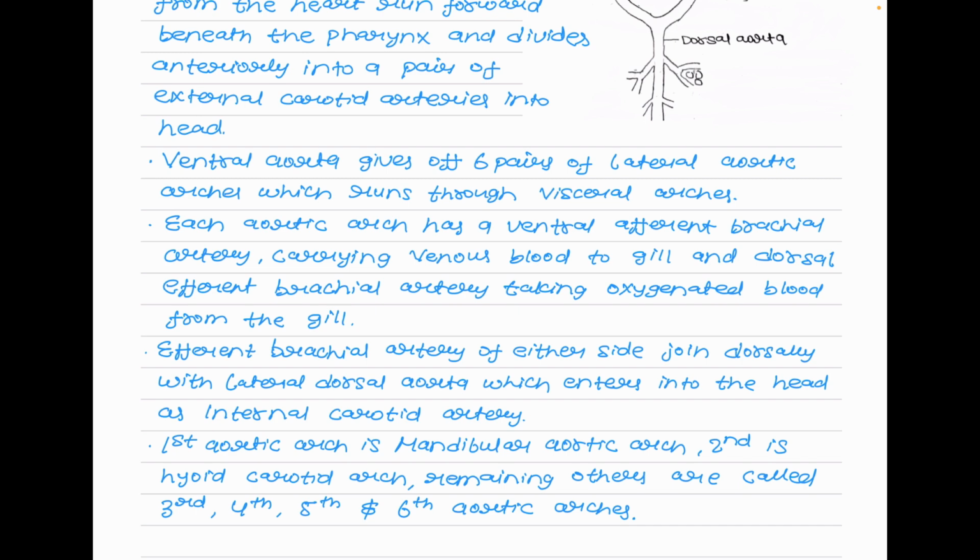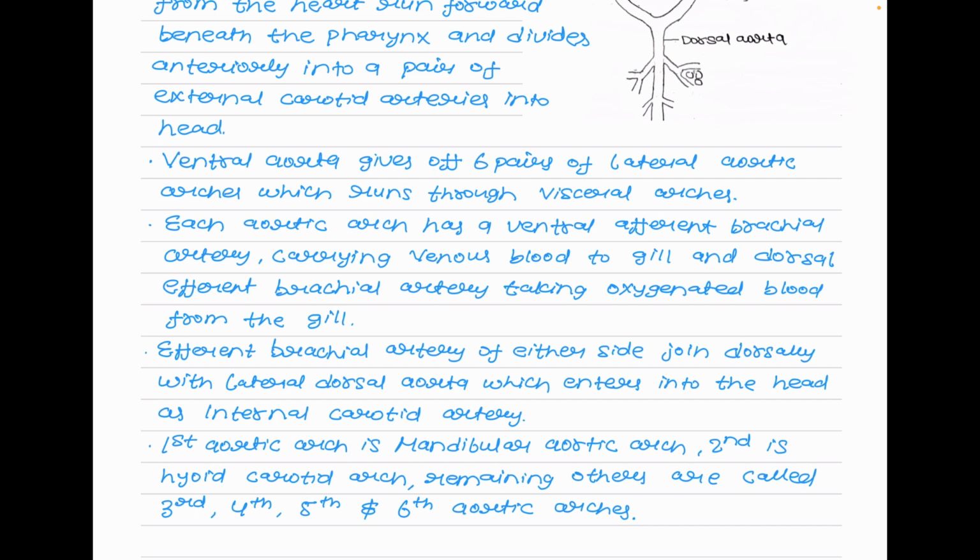From there, blood enters the ventral aorta, a mid-ventral vessel running beneath the pharynx. This ventral aorta gives rise to 6 pairs of afferent branchial arteries, which carry blood into the gill capillaries, where gas exchange occurs in gill-breathing vertebrates.